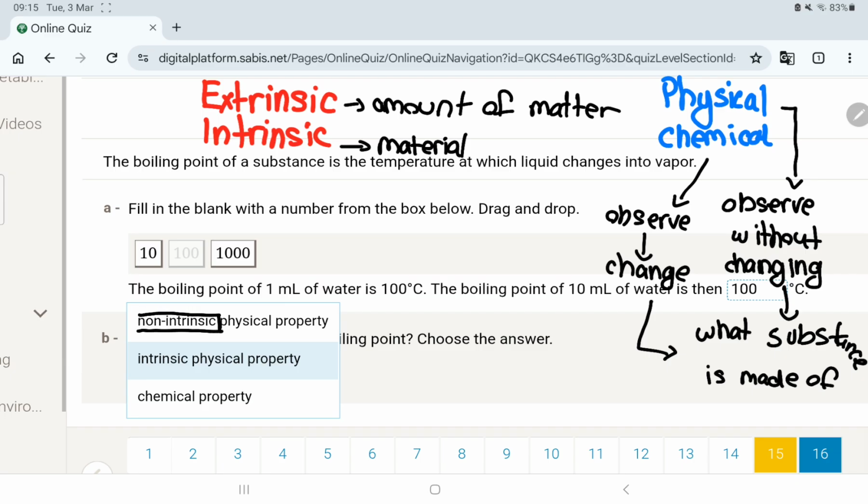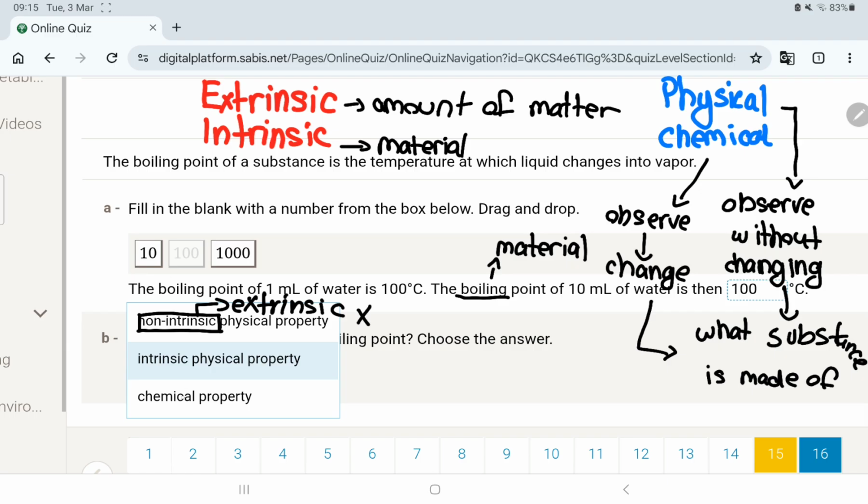Non-intrinsic physical property, guys. Non-intrinsic just means extrinsic. But what did we say? The boiling point depends on the material. So is it extrinsic? No, it is intrinsic. So this is wrong.